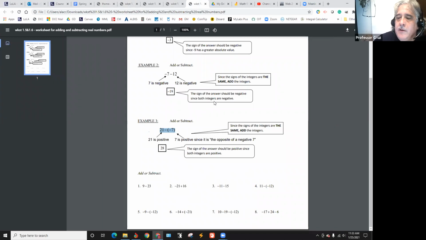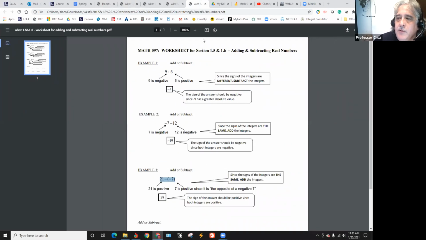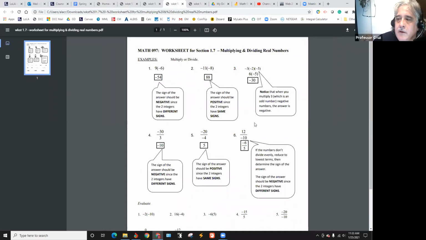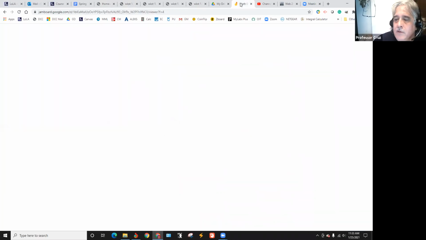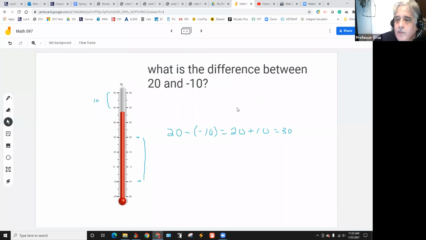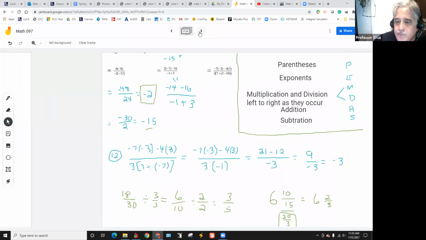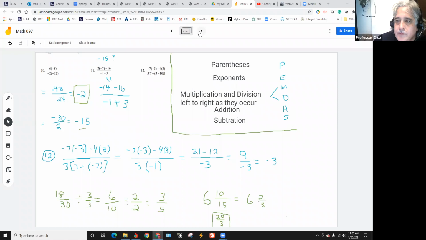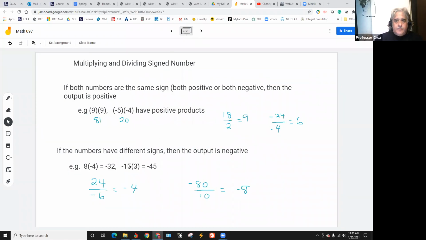And then this is what I mentioned about the adding and subtracting. If they're the same sign, in other words, both positive or both negative, then the output is positive.